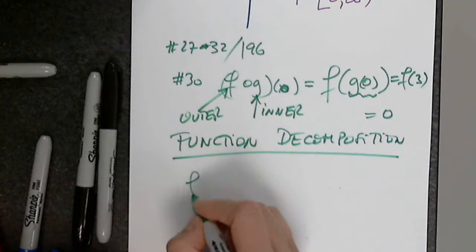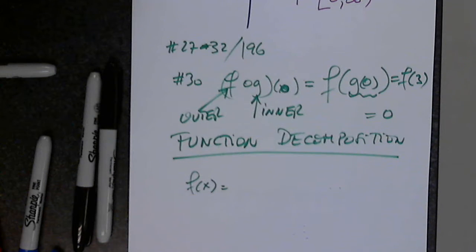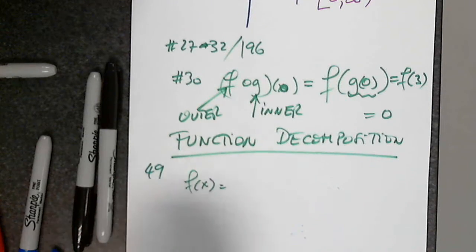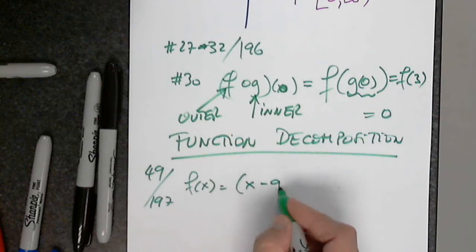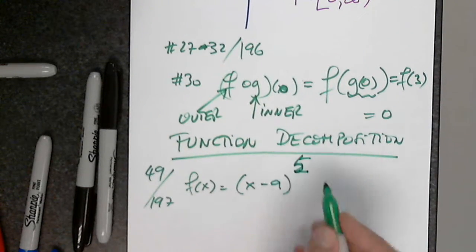So for example, I'm going to copy a problem from your textbook. Let's say 49 first, 49 on page 197. And the function is x minus 9, everything to the fifth power.